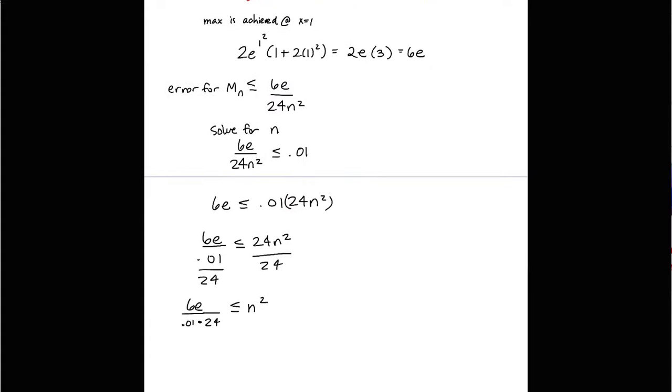This will become 600e over 24, if we simplify, since 6 over 0.01 is 600.